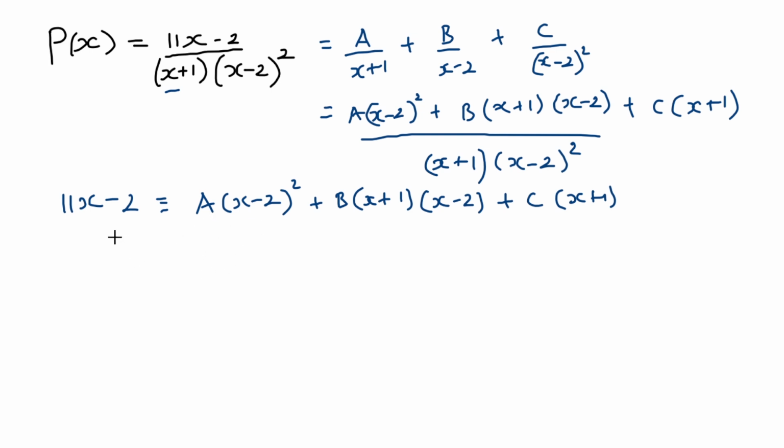What you're going to do is suppose values of x, and I'll start with x equal to 2. Use values of x that will help you eliminate some parts so that you remain with maybe one unknown.